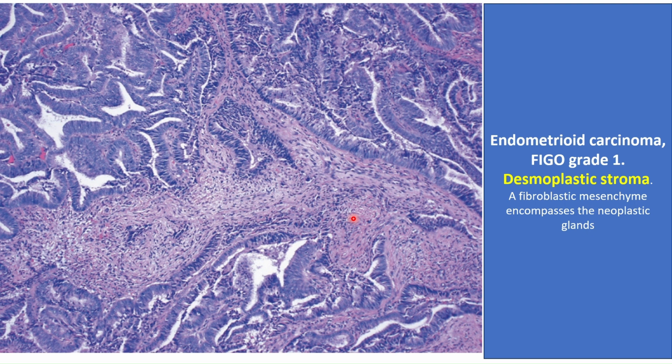Desmoplastic stroma means fibroblastic mesenchymal tissue which encompasses the neoplastic glands. Here we have to see that these are the neoplastic glands, and in between is desmoplastic stroma. So this is a criterion to identify stromal invasion in a biopsy specimen.